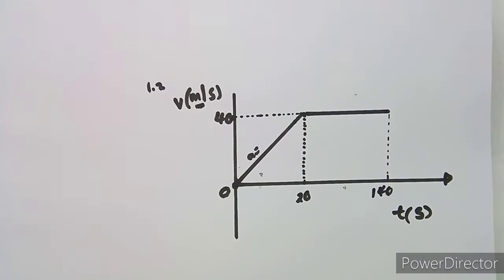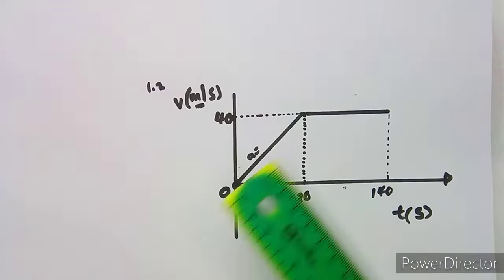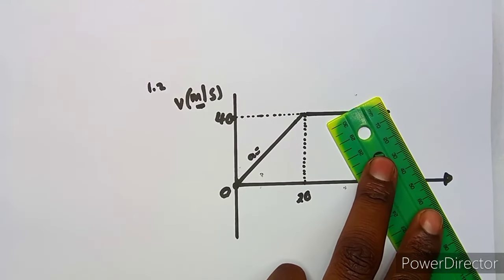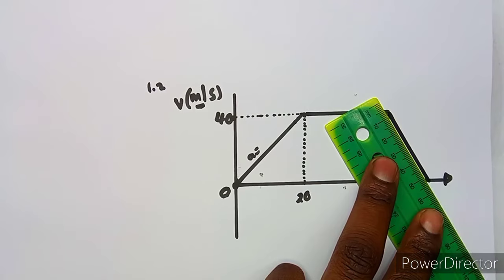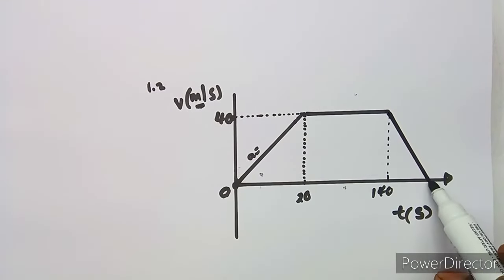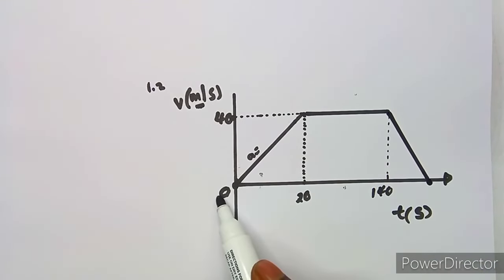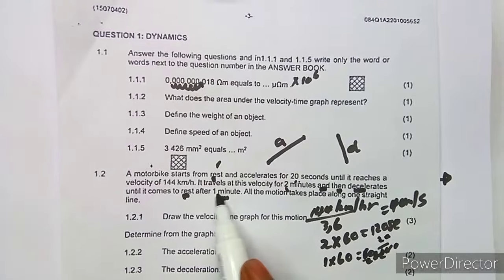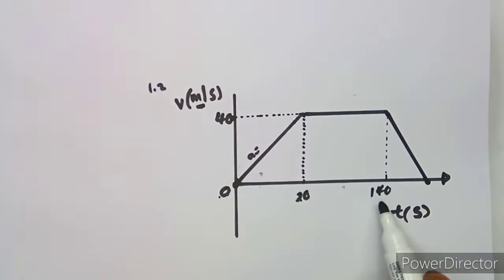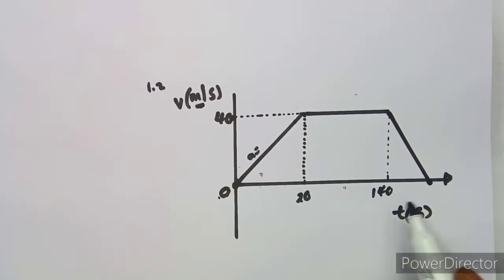So we have 60 seconds between this point until it comes to rest. So this is at rest, where it has a velocity of 0. This happened in 1 minute, which is equivalent to 60 seconds, so you add 60 to this value, which gives you 200 seconds.